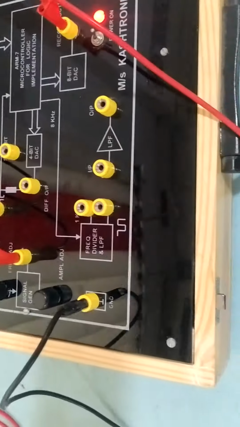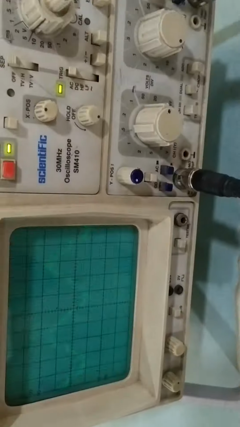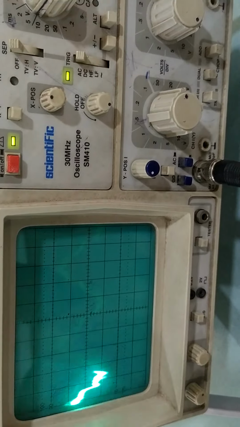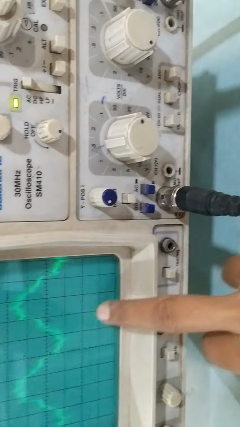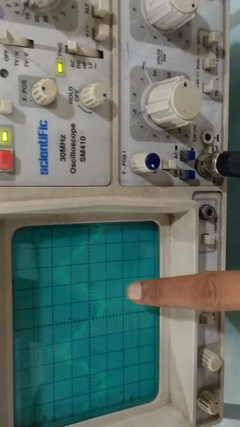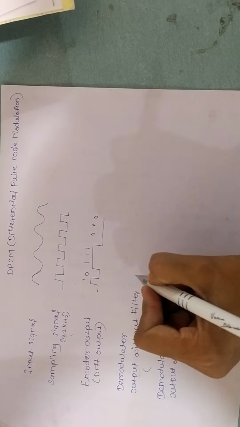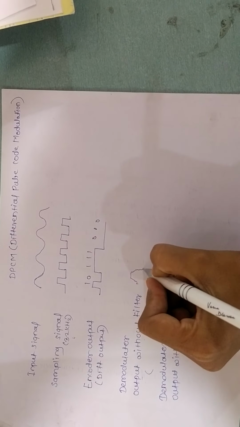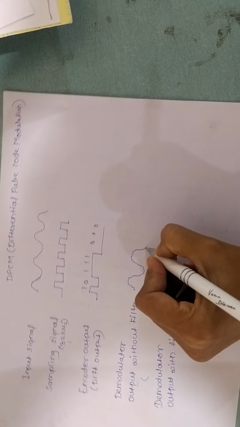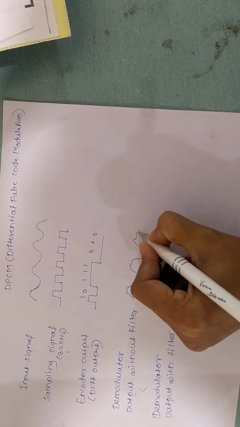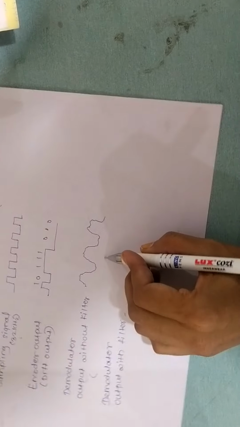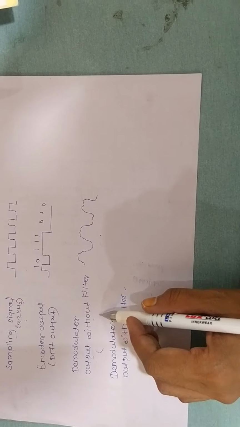Now we will see the demodulator output. Here the demodulator output without filter is a sine wave, meaning the original information signal with some added noise signal. This is the output of the demodulator without filter.